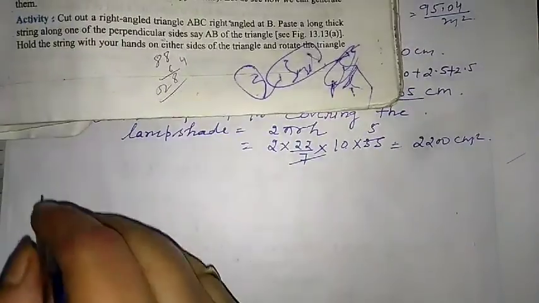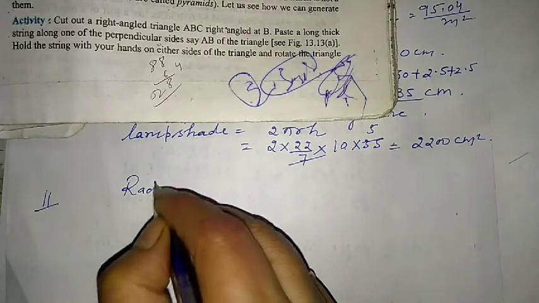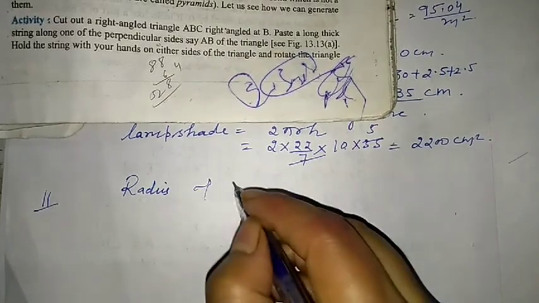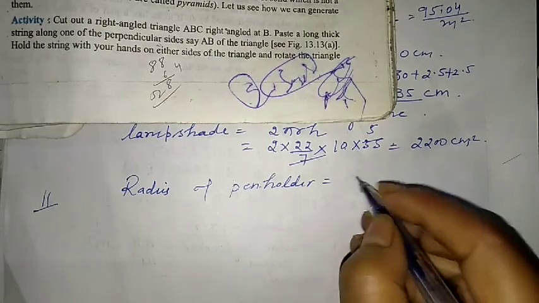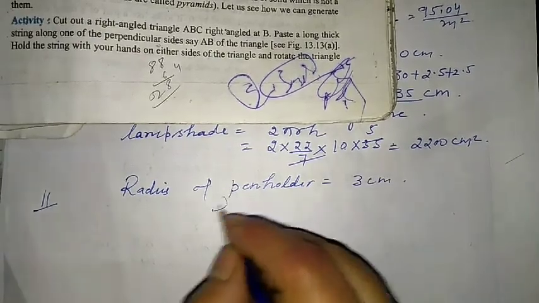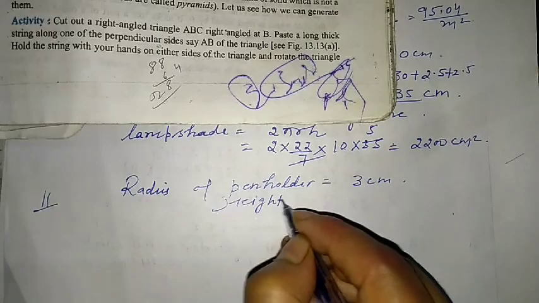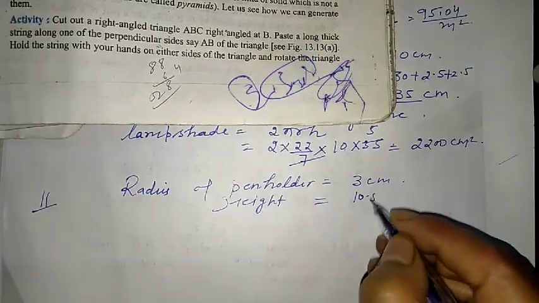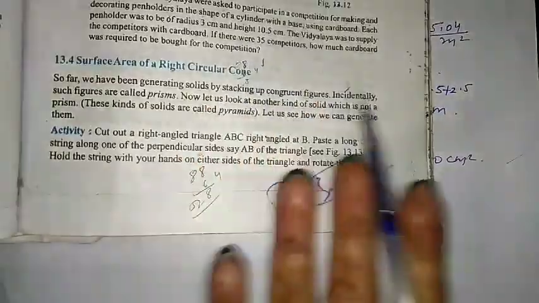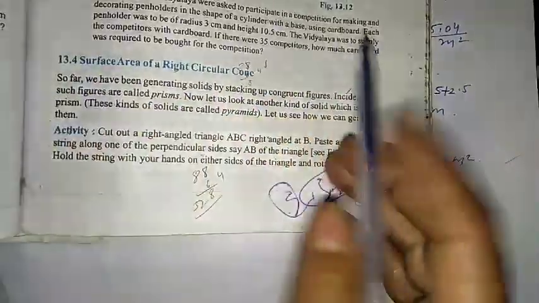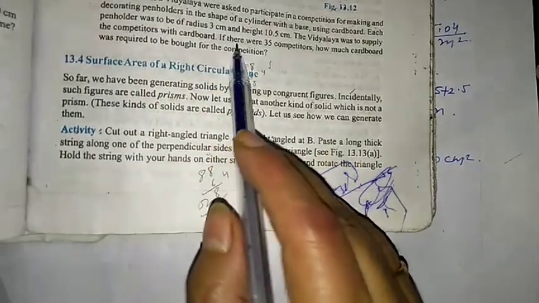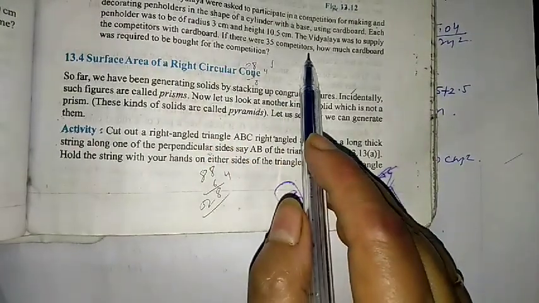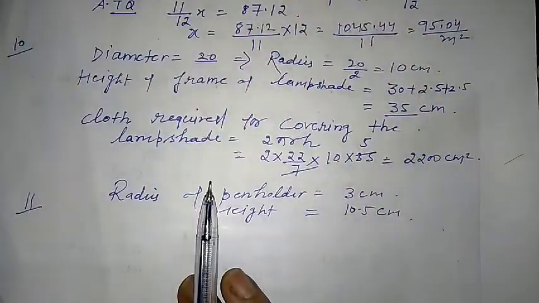Radius of the 11th question, radius of the cylindrical pen holder is equals to 3 centimeter, and height of the cylindrical pen holder is 10.5 centimeter, and it is having base, not top. The Vidyalaya was to supply the competitors with cardboard. 35 competitors are there. How much cardboard is required?